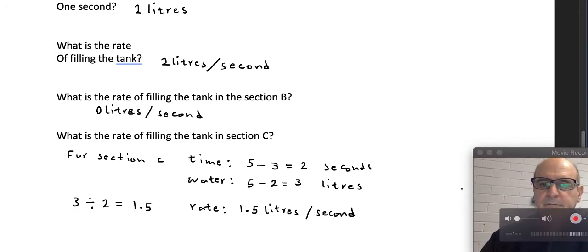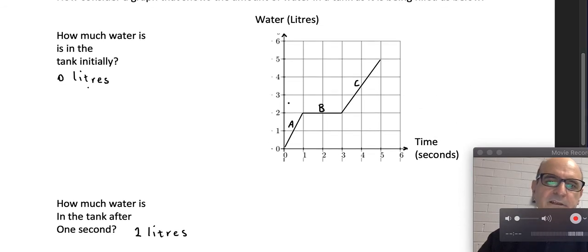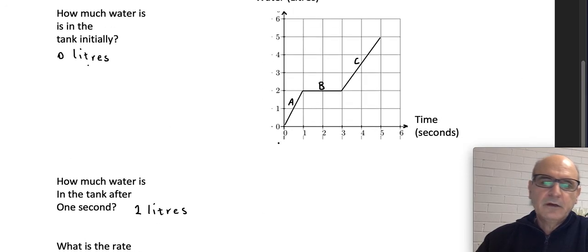Now if they wanted to go further and ask what is the rate of filling of the tank as a whole, I have to look at it as a whole. The amount of water has gone from 0 to 5 for the whole graph, and the time also has gone from 0 to 5.